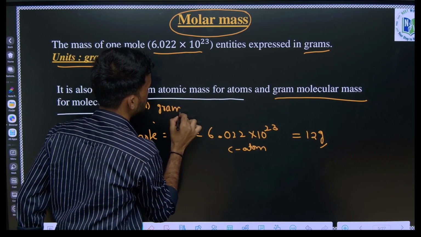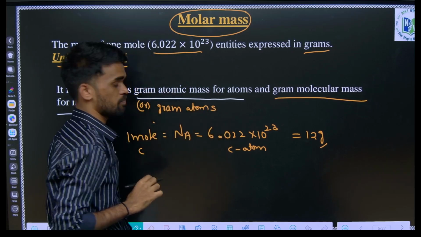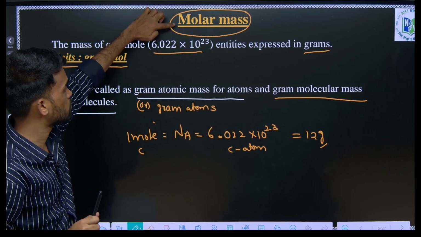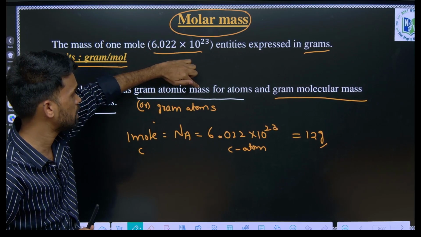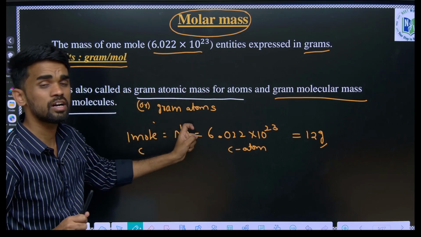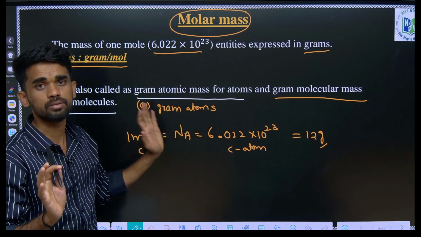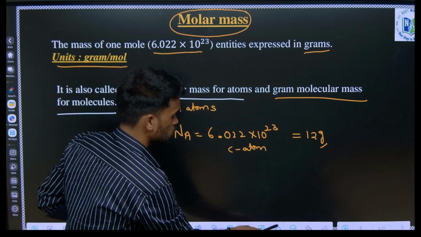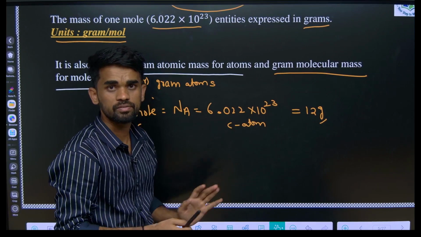You should not get confused when you see these terms anywhere. Gram atom means the weight of 1 mole of that particular atom. Let us do some questions on how to calculate atomic weight and molecular weight for different compounds.